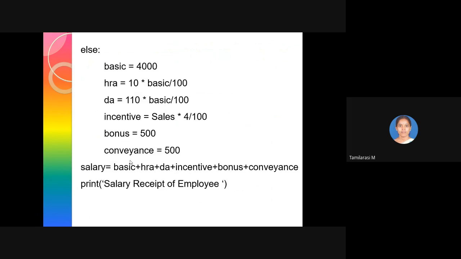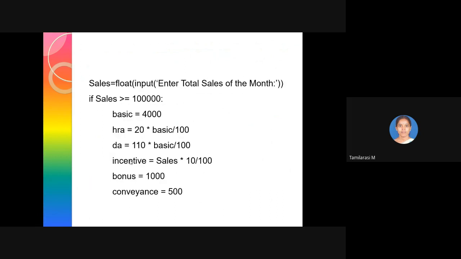Or else, if the total sales is less, that is, not greater than or equal to 1 lakh, then we can put the relevant basic pay, HRA, DA, incentives, bonus, and conveyance. So based on the condition, the corresponding statements will be executed.